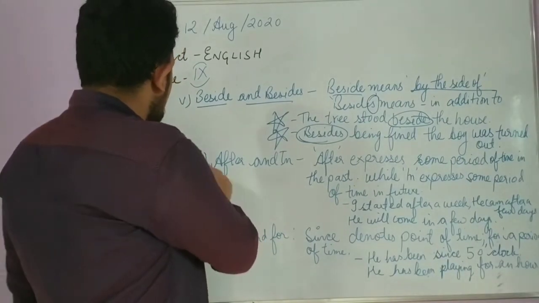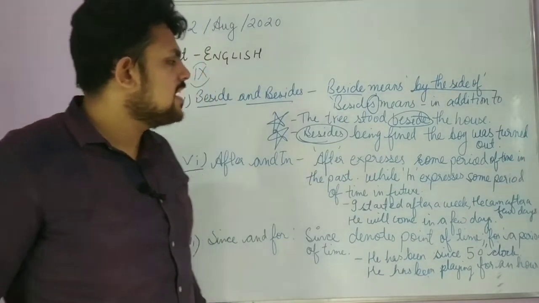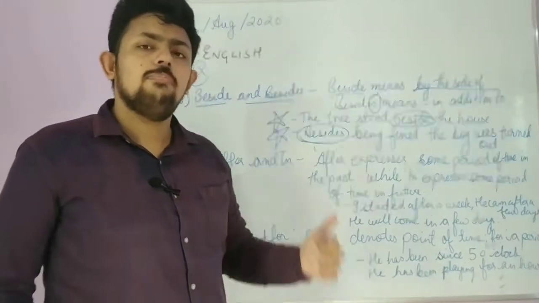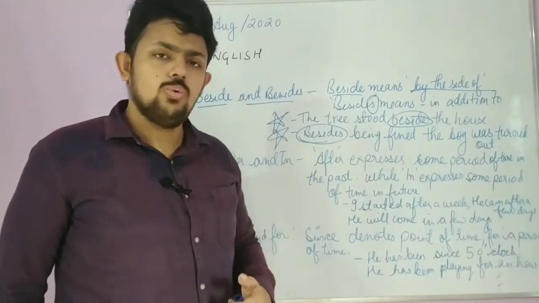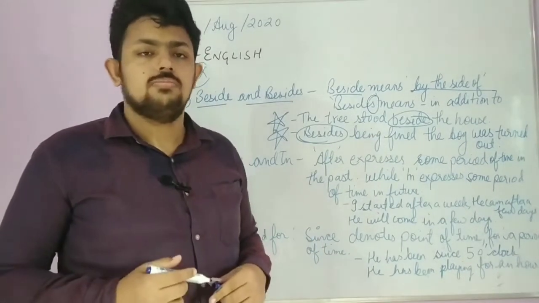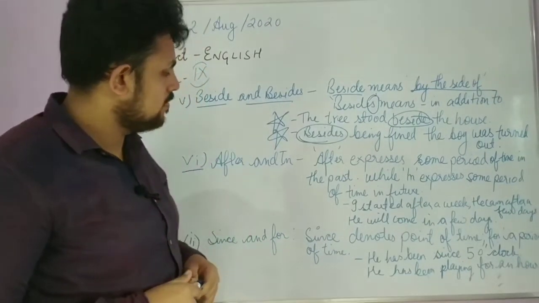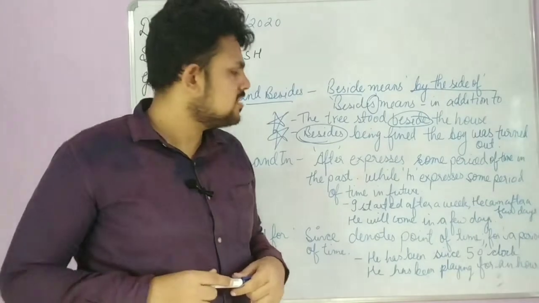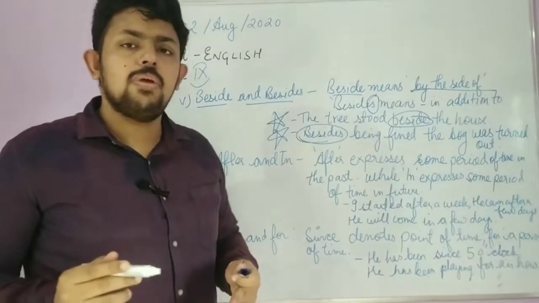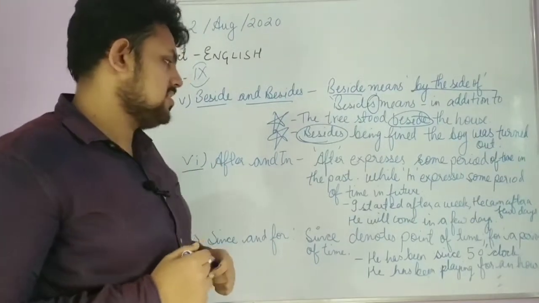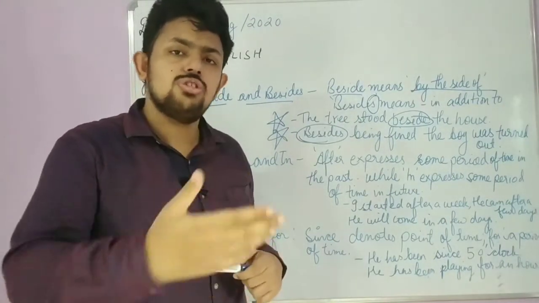Now we have after and in. After expresses some period of time in the past. This is a very common error that we all make, and in the error part of the video I will discuss this and we will see a few more errors. But here we have after. After expresses some period of time in the past, while in expresses some period of time in the future.